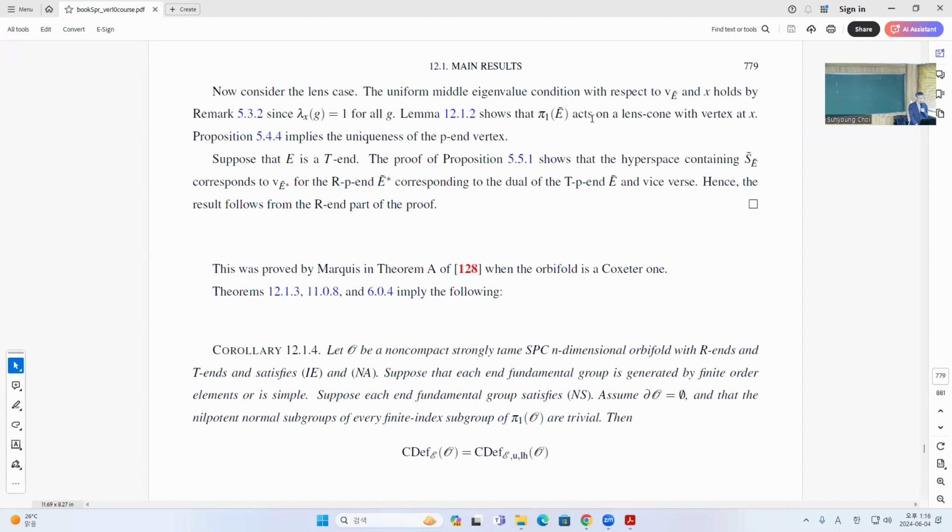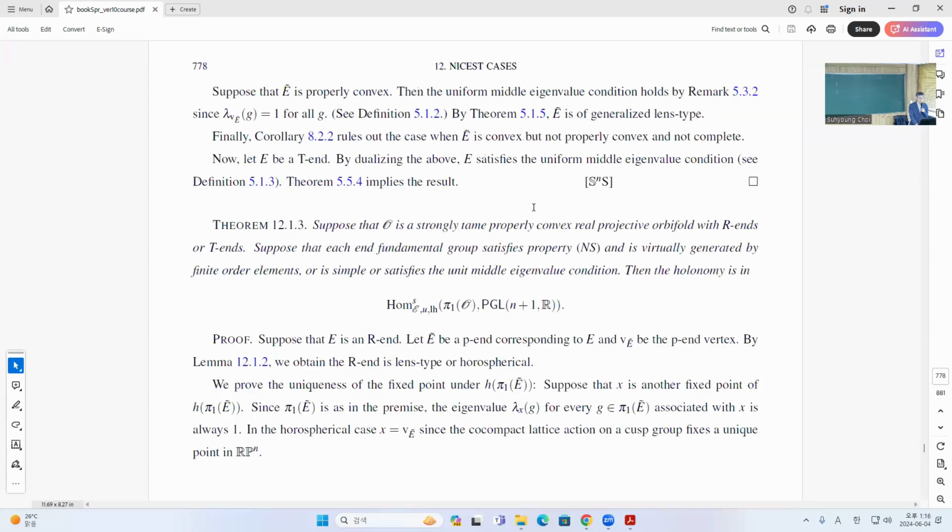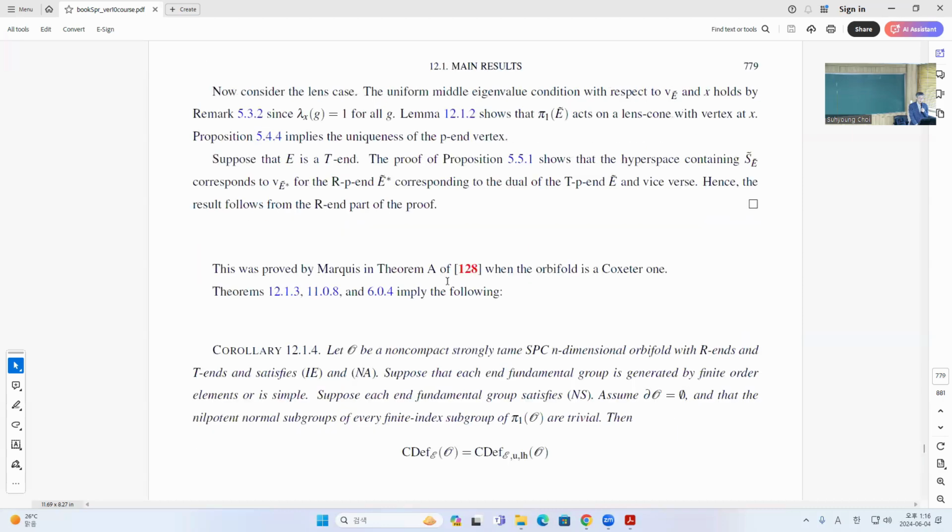Then this shows that it will also act as a lens cone with the vertex at x. But then this theorem shows that there's a unique vertex where this becomes a lens cone. That's 5.4.4. So in the T^n case, you always do the dual argument, and this will work the same.